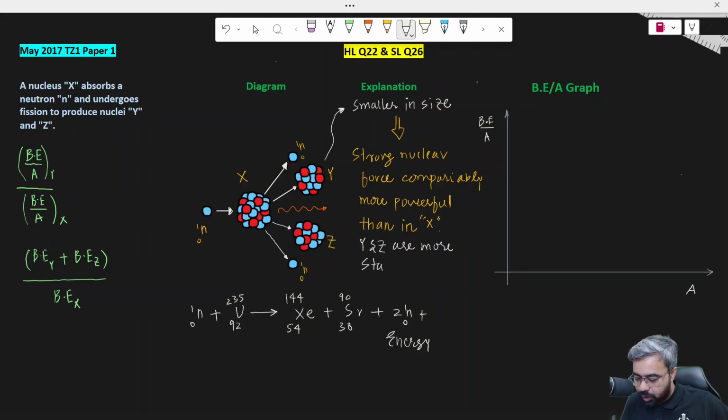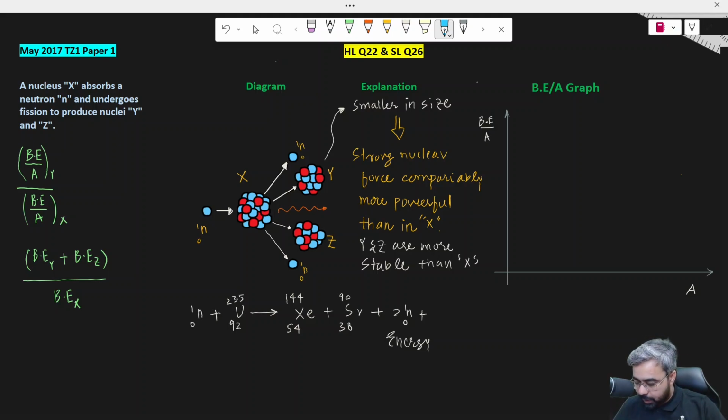And I will show you exactly this from the binding energy per nucleon graph, which is very important because binding energy per nucleon is a decisive factor which determines the stability of a nuclide. It is not the binding energy, it's the binding energy per nucleon.